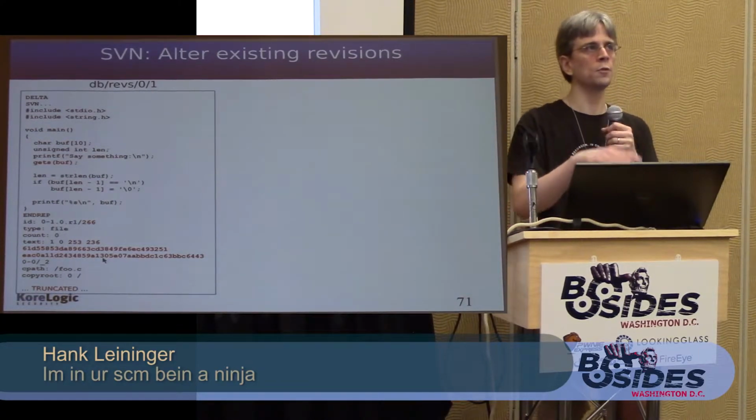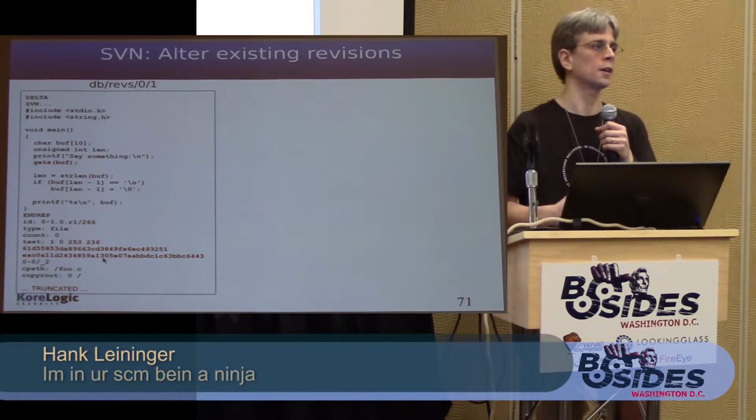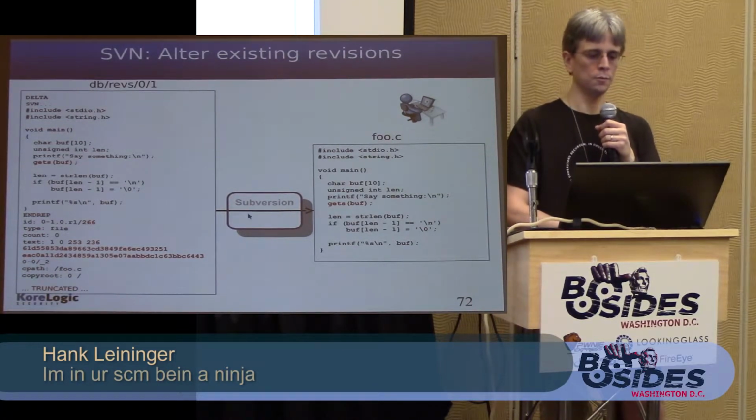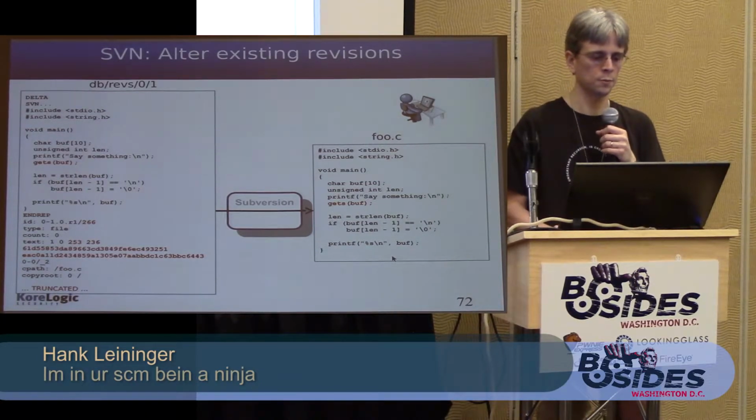I'm doing a little bit of hand waving here. There's like one or two other details that I had to trim out, but it is basically that easy. And then the next time a developer checks out that code base, they're going to get the modified doctored version, and again, they're not going to know anything's amiss.